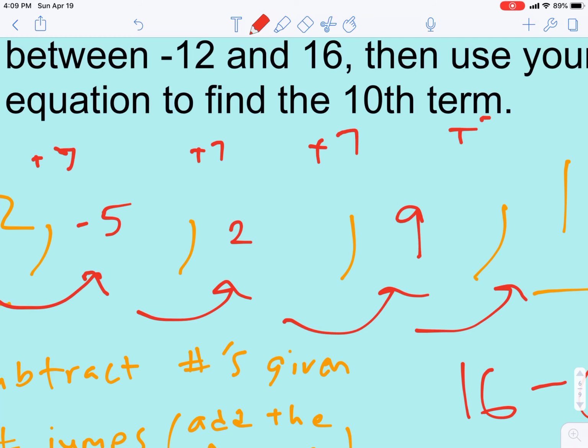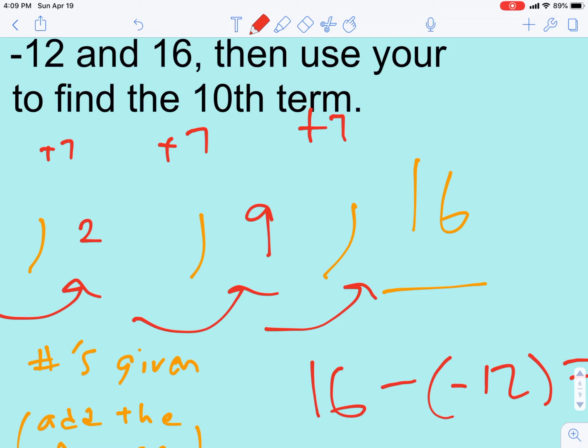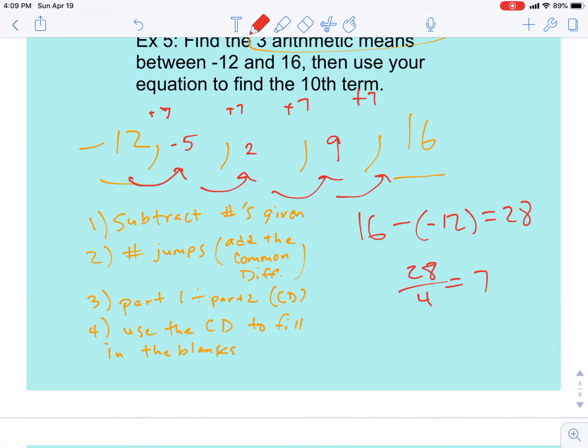You add that final 7. 9 plus 7 is going to equal whatever that last number is. In this case, it's 16. So we know we did it right. Okay, so again, we're going to subtract the numbers that they give us. We're going to divide it by the number of jumps. And then that's now our common difference, we're going to use that to fill in the rest of the blanks.